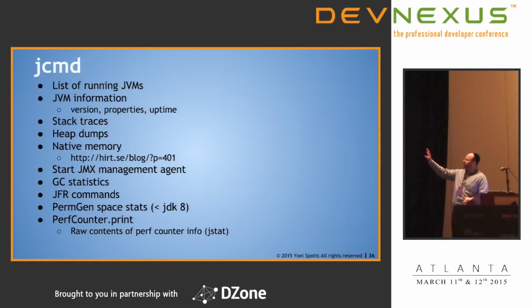So this is just to give you some idea of what JCommand provides, but again, this is completely described by the process itself. There are various things you'll see here, and you'll see why the documentation specifies that it supersedes some of these older tools. GC statistics, JMX start, native memory data, heap dump, stack traces, JVM information, performance counters.